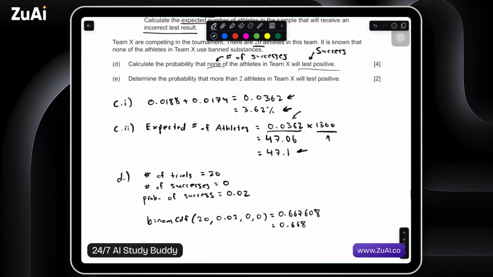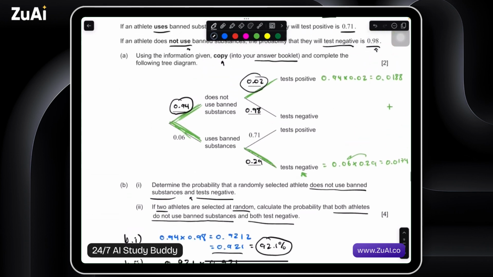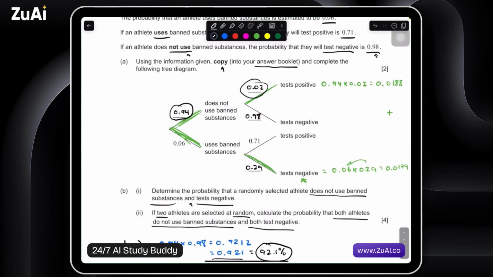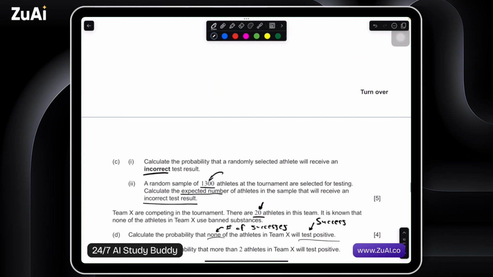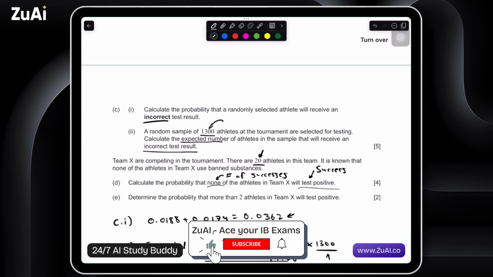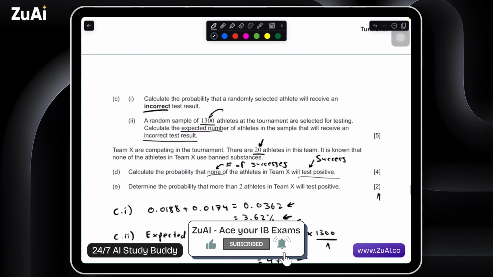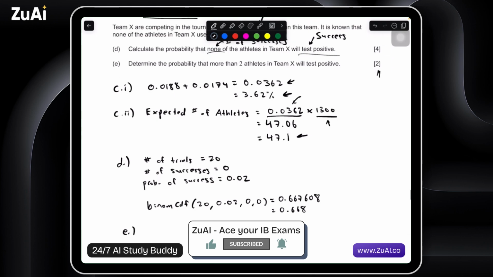Yeah, I think that's okay. Let's see. I think there's actually another way to possibly do this. So test positive is equal to 0.02. Let's just use binomial, I suppose, in this case. I think that's going to be the most straightforward, and it'll set us up for this one as well, I think. So let's do question E.